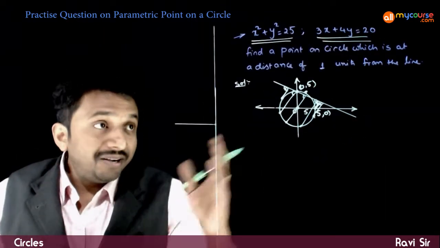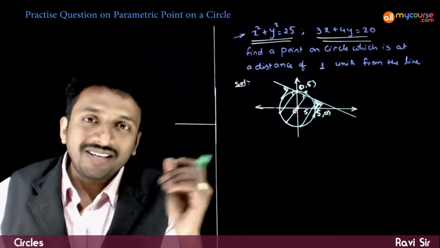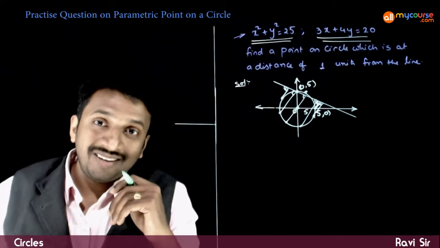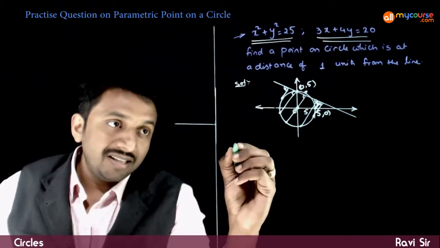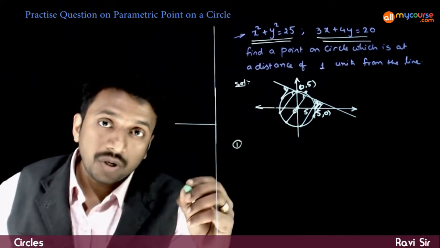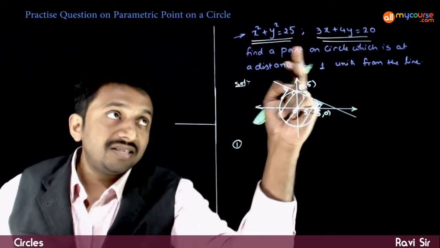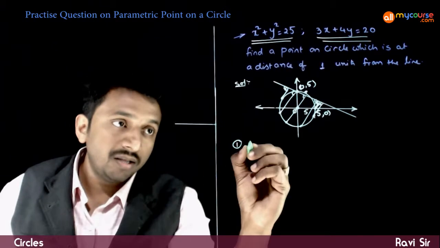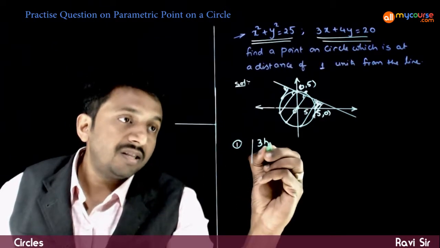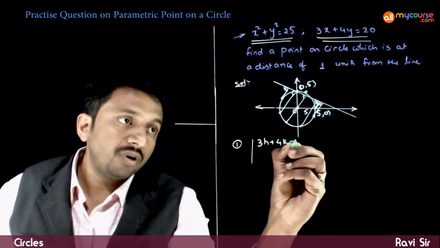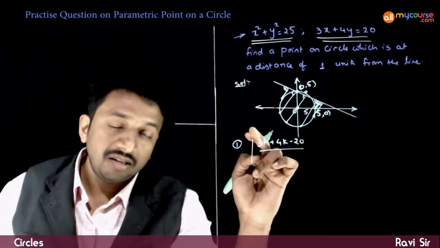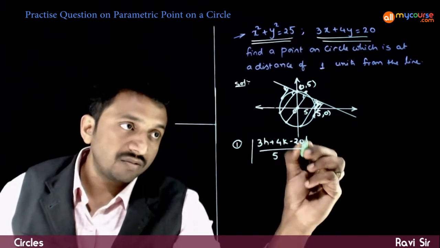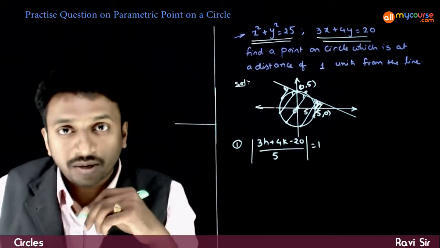Now imagine that you need to solve this using the general point h, k. So how do we solve it? If you take the general point h, k, the first equation is that the distance of h, k from this line has to be equal to 1. This is mod of 3h plus 4k minus 20 by root of 3 square plus 4 square, which is 5, equal to 1.